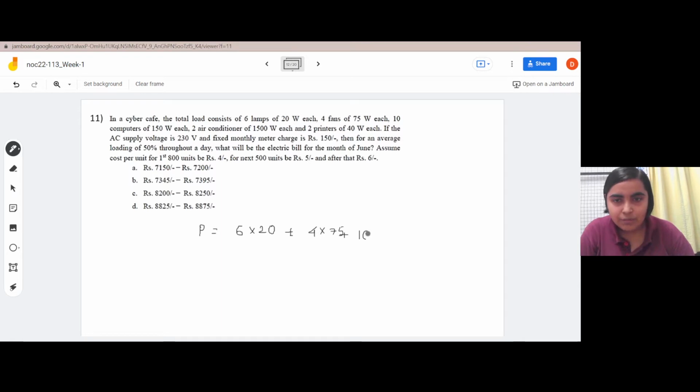Then there are 10 computers of 150 watts, 2 air conditioners of 1500 watts, then 2 printers of 40 watts. So when you total all this, it comes out as 5000 watt. Now, is the entire rating given here used throughout the day? What is given in the question? Could you say?